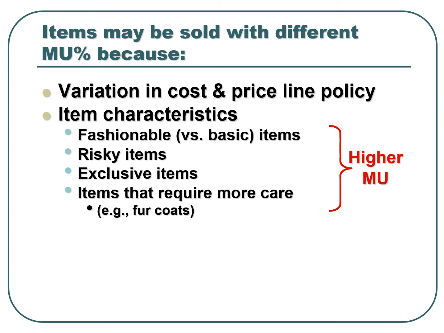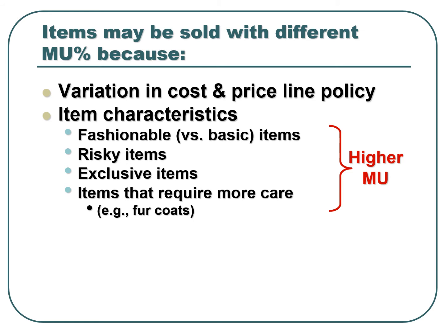But fashionable items are unpredictable, they may work well or they may not work at all, so for that reason you want to apply a little bit higher markups to compensate for the potential failure in selling it well in your store. In the same sense, with any other kind of risky items, because of the characteristic of the merchandise, you always would like to apply a little bit higher markup.